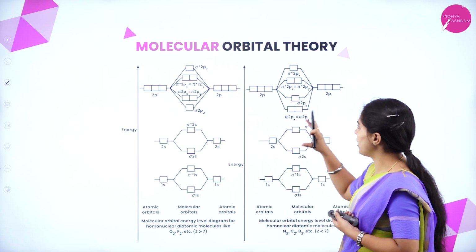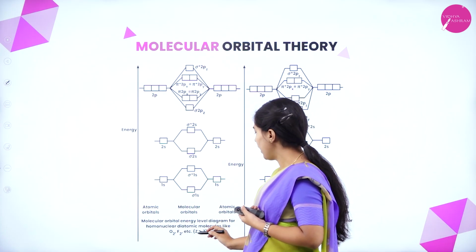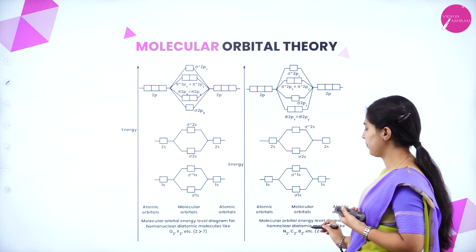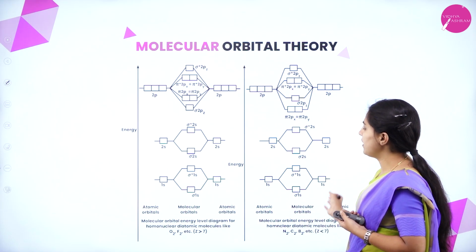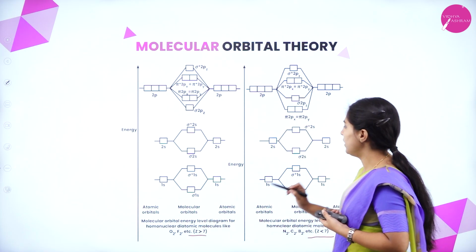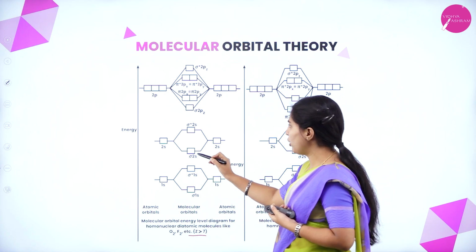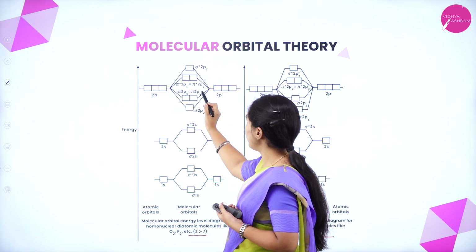See, this is a general energy level diagram. This one is for atomic number greater than 7, and this is for atomic number less than 7, like C2, B2, everything. Here you see sigma 1s, sigma star 1s, sigma 2s, sigma star 2s, sigma 2pz, next 2px equivalent to 2py.